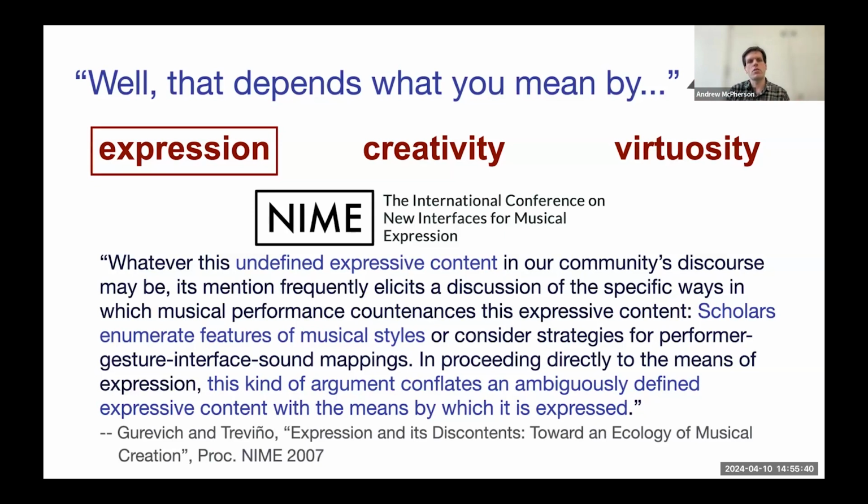So Gurevich in this article talks about scholars enumerating features of musical styles, and then basically trying to figure out how we generate technical systems to somehow enable those, and that the discourse in NIME has a way of conflating this ambiguously defined expressive content with the means by which it is expressed.